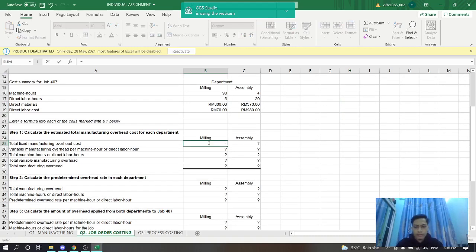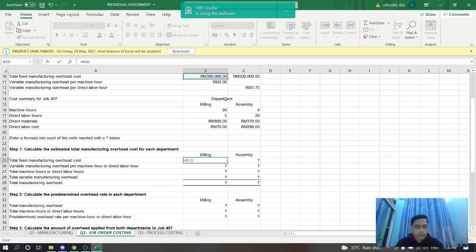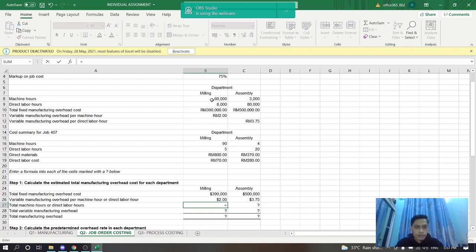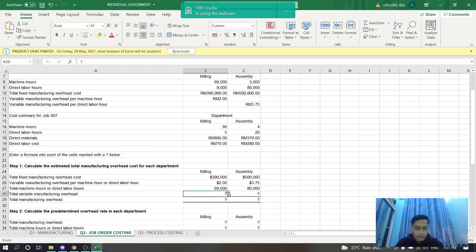Okay, total manufacturing overhead, and then variable manufacturing overhead hour, variable manufacturing direct hour, and then total machine hour. Total machine hour 60,000 hour, and total direct labor hour 80,000 hour.